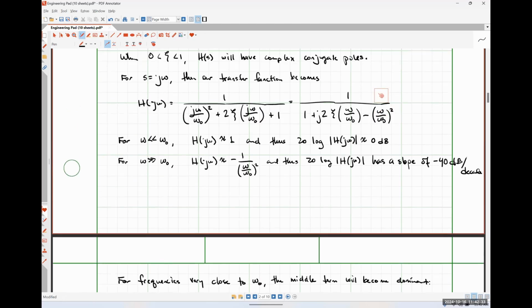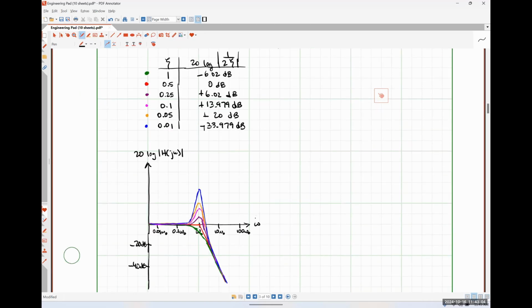Because we know that for omega greater than omega naught, this starts looking like just 1 over omega squared, which would be nothing more than a simple repeated pole. So it should have a slope of negative 40 dB per decade, because a single simple pole has a slope of negative 20 dB per decade. Yeah, exactly right.